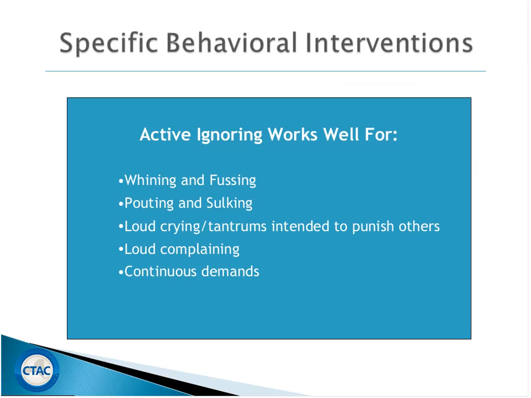So active ignoring or selective attending works well for whining and fussing, pouting and sulking, loud crying or tantrums that are intended to punish others, and loud complaining or continuous demands. What it doesn't work well for are behaviors that can injure other people or property.